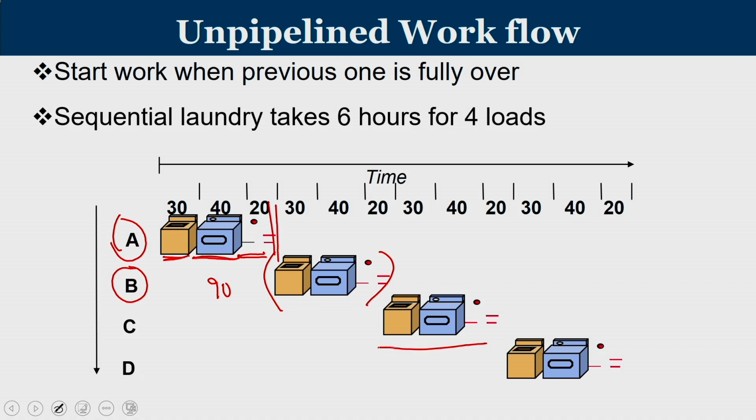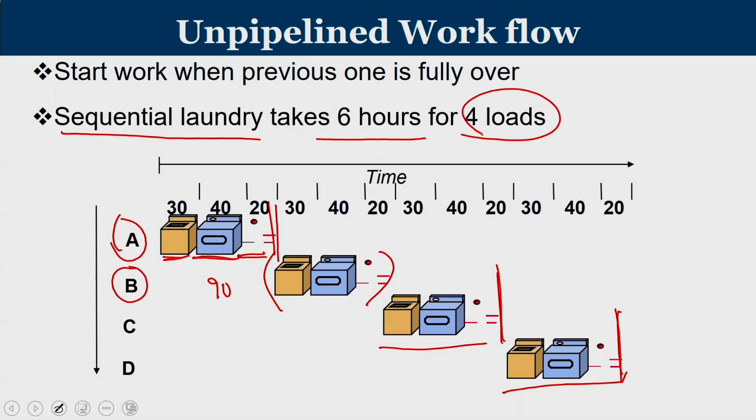Similarly, C will start only if B is completely over, and D will start only if C is completely over. So, each sequential laundry takes 90 minutes, and we have a total of 4 such workloads. So, 90 into 4 is 360, that is essentially 6 hours to complete 4 loads.